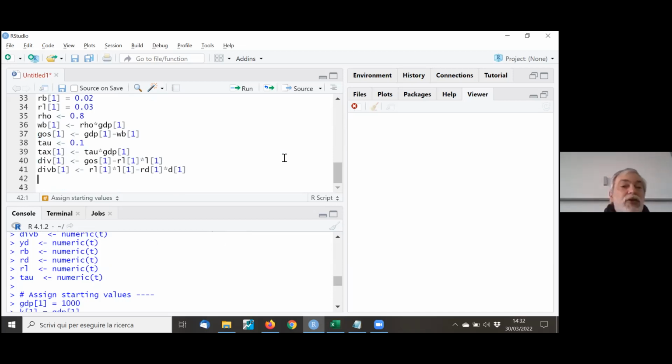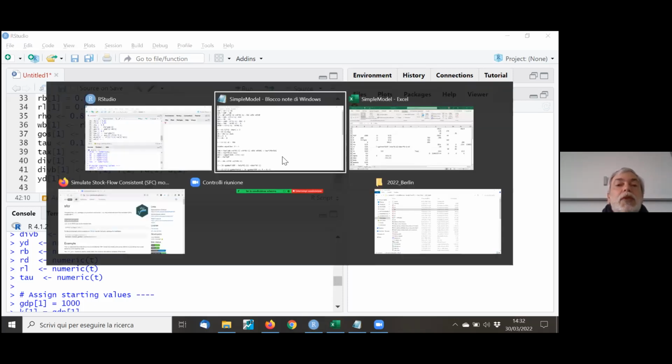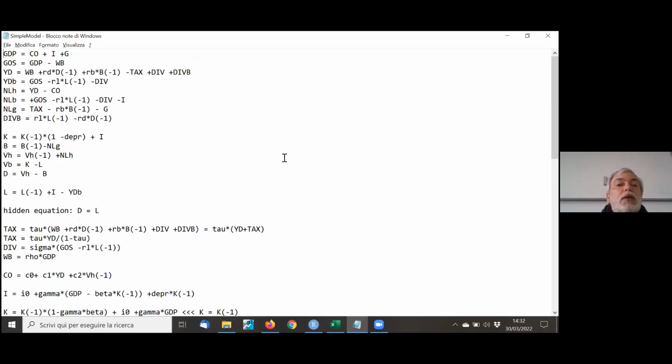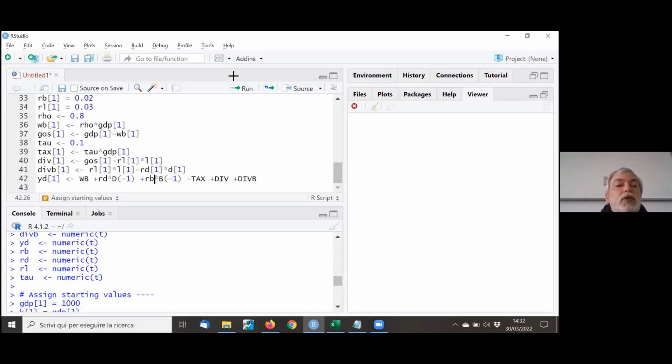So now we should have everything to define disposable income as, let's use the notation I have here. So it's going to be YB1. Can I have spaces here, or should I eliminate the spaces?